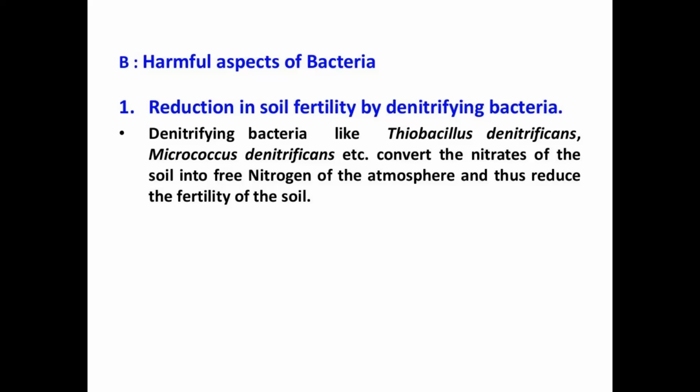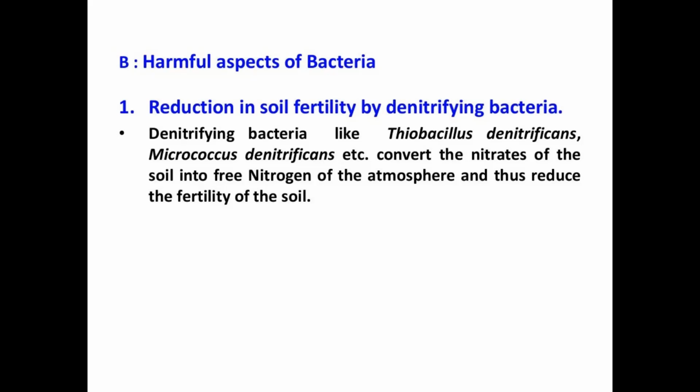As we discussed yesterday, plants are not able to absorb nitrogen in N2 form from the atmosphere. Though the content of nitrogen is higher in the atmosphere, plants cannot absorb this inert N2 form. That is why, when bacteria convert it into nitrate or ammonia form, the plants are able to absorb these compounds.